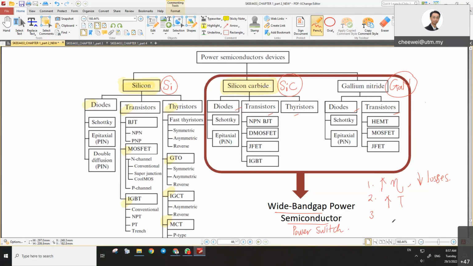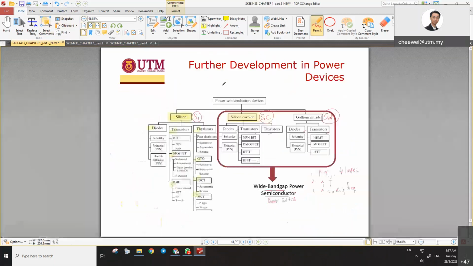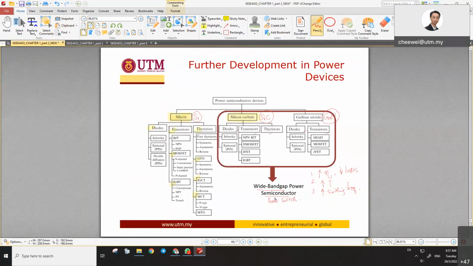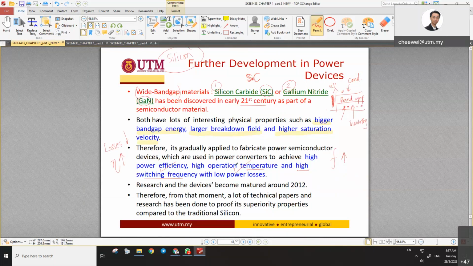And then they can also operate at high, what is the third one? Frequency. Switching frequency. All right, three important features of the new family. We call it the wide bandgap family. Okay, now 1, 2, 3 of this.